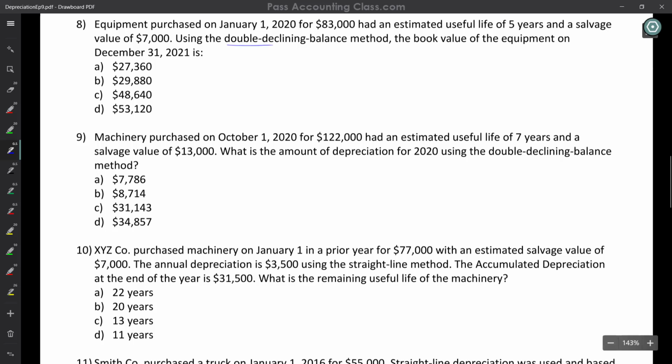So we're using the double declining balance here, so it's going to be cost times 2 divided by the estimated useful life. And that's going to be 83,000 times 2 divided by 5. And when we do the math on that, we get 33,200. So that is the depreciation for 2020.